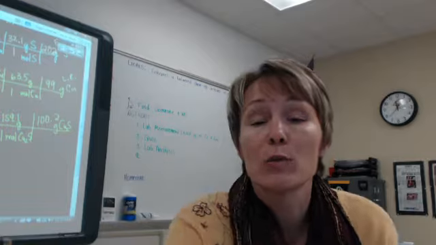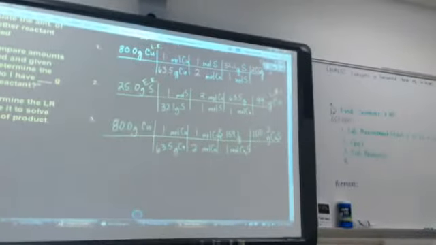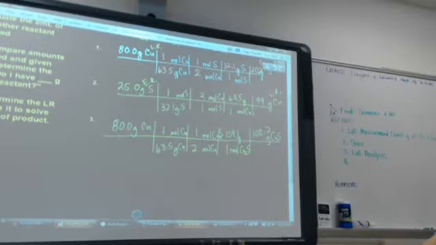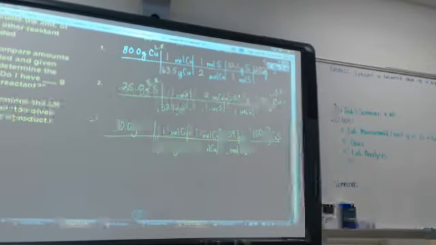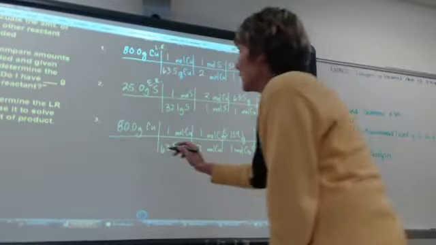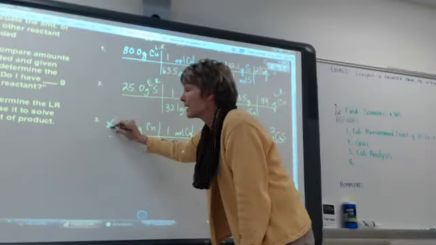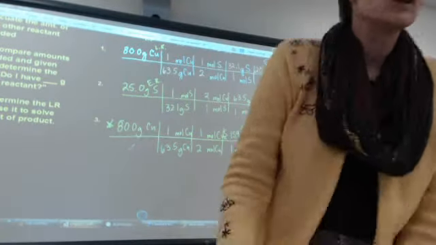In the problem on the board, we said you had 25 grams of sulfur and 80 grams of copper. And we found out that copper is the reactant we're going to run out of first. And then we use that limiting reactant, right down here at the bottom, to determine how much product we can make.